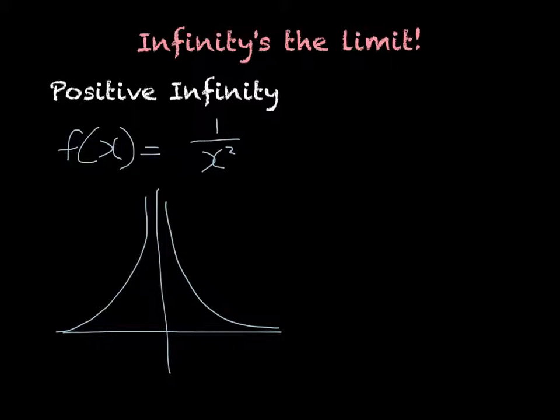And when we get close to 0, we can see something strange happening, in that things are going off towards positive infinity, it seems. So in this case, we would say that the limit as x approaches 0 of our function equals positive infinity. And then we can say that 0 is a vertical asymptote.